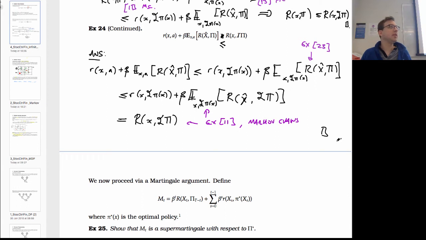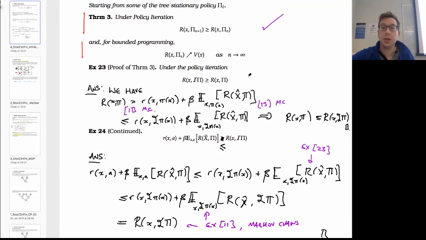All right, that's going to be useful in a second. So just to recap, we're trying to show that with this policy improvement, the reward function with the different policies converges to the optimal reward.